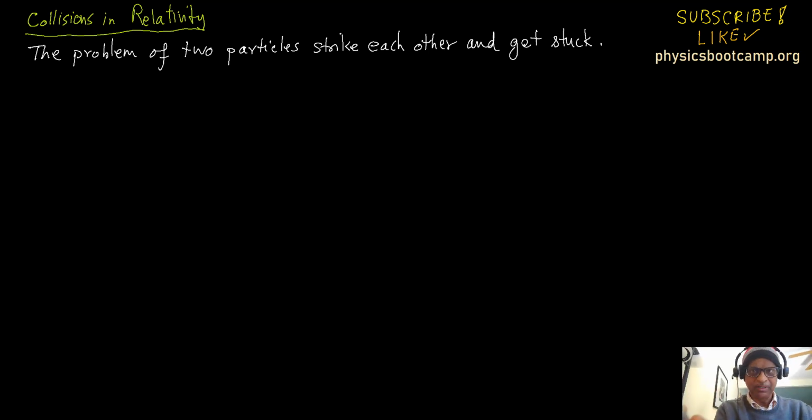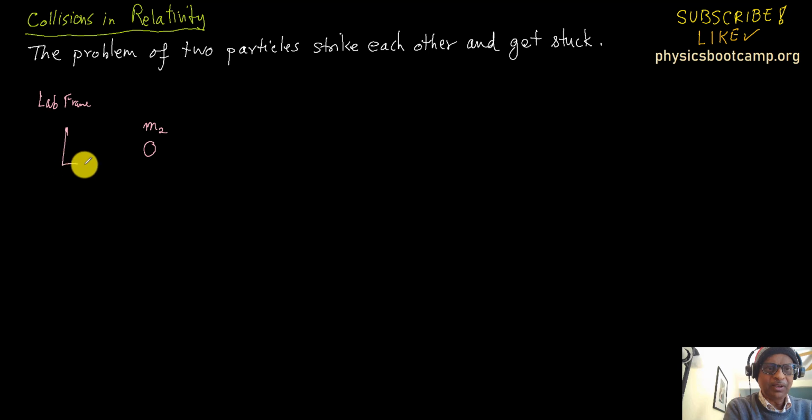So here is a frame, we're going to call it a live frame, in which one of the particles initially is at rest. And the live frame is the frame in which, say, particle number 2, this is number 2, which is M2, is at rest.